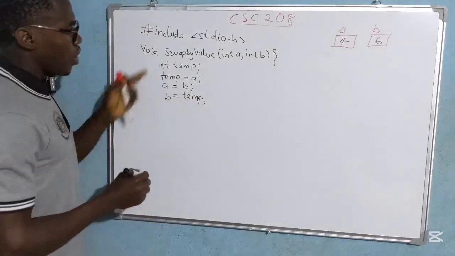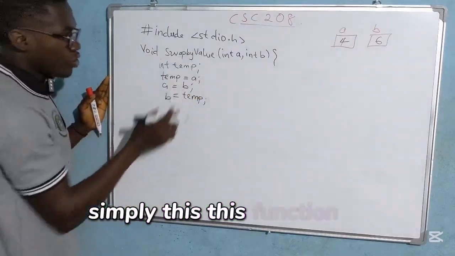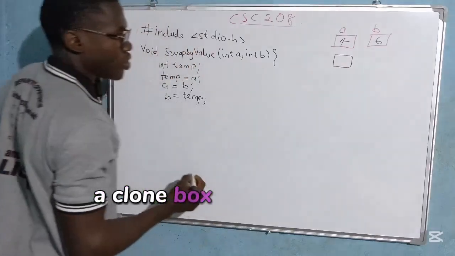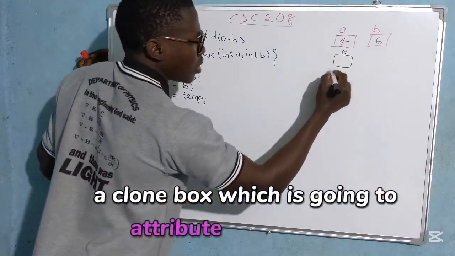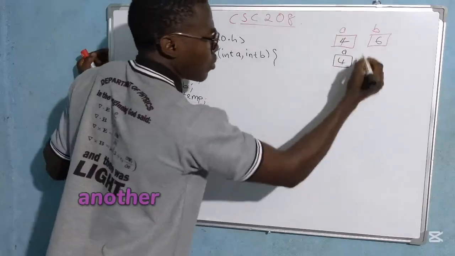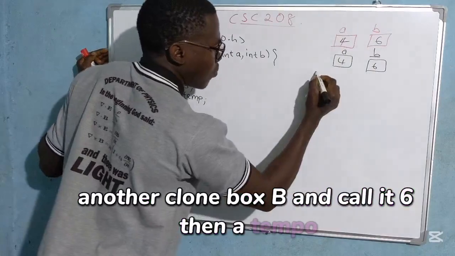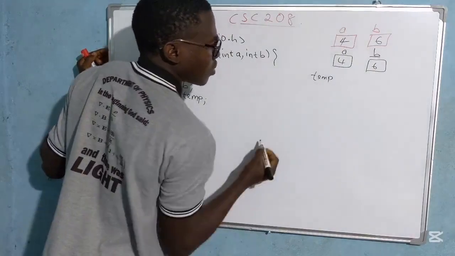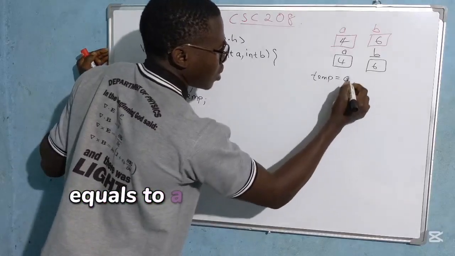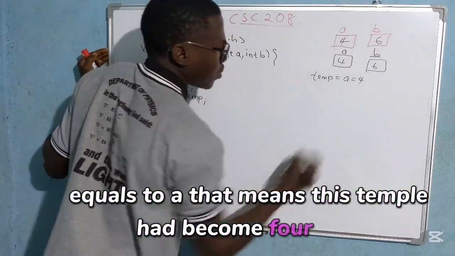What happens here is simply this function creates a clone box which is going to attribute A and call it 4, another clone box B and call it 6, then temporal equals to A. That means this temporal will become 4, you see.